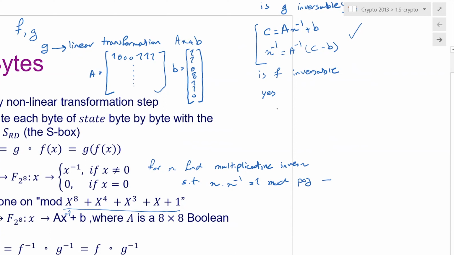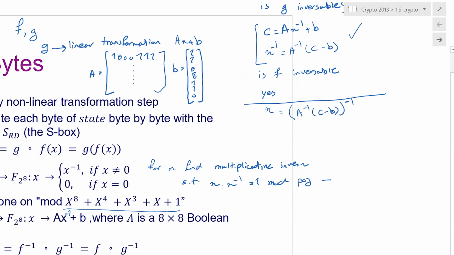So another way that I can show that one is that for the entire equation, I can return X as inverse of A, C minus B, and then the reverse of this entire thing.